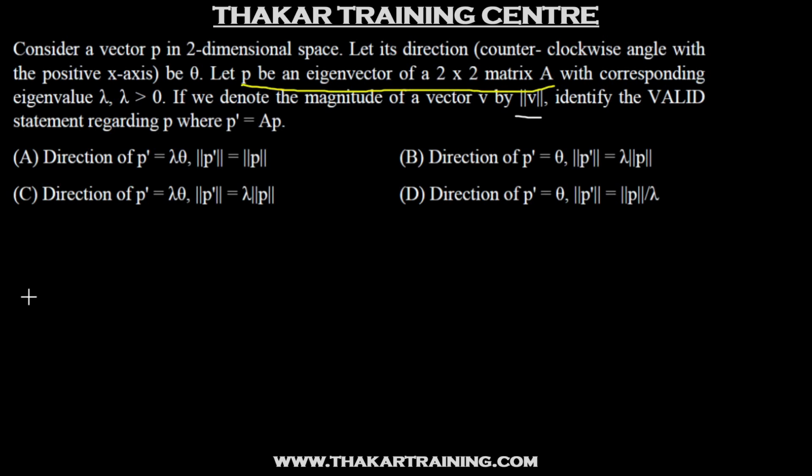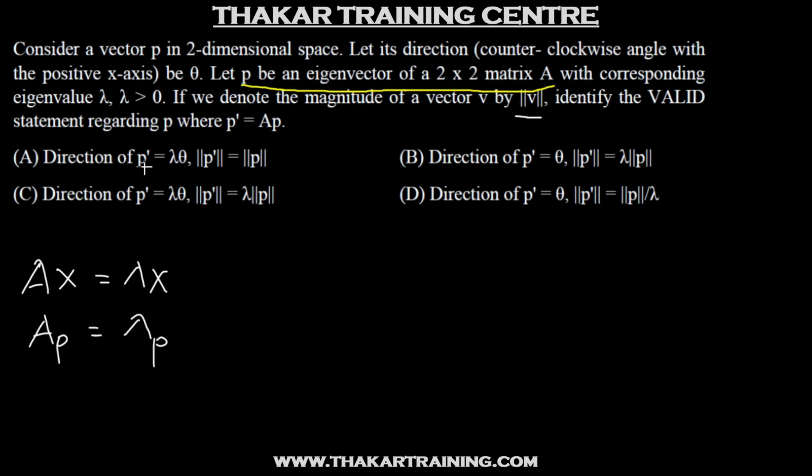So by definition, Ax = lambda x for eigenvalues and eigenvectors. Here we have Ap = lambda times p. I'm just replacing x by p because they are denoting the eigenvector with p. Alright, which of the following statements is valid?